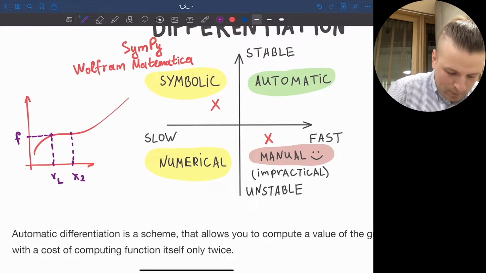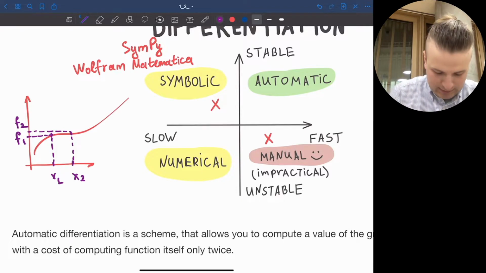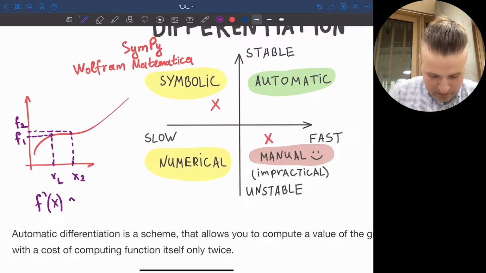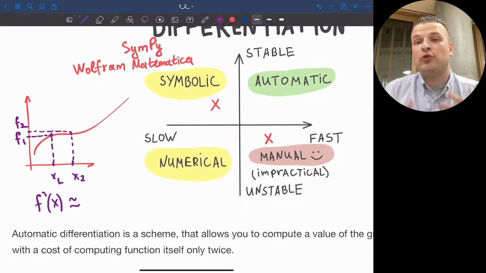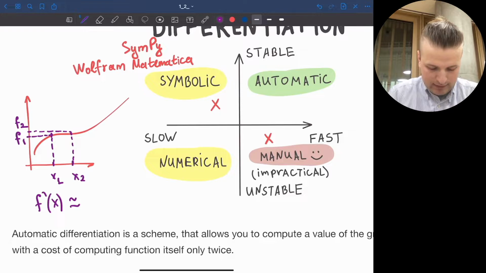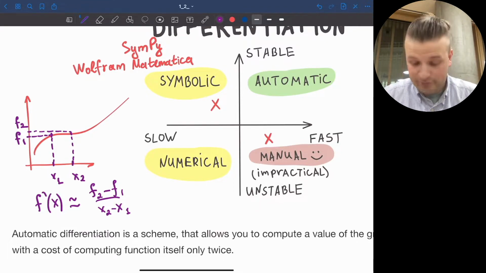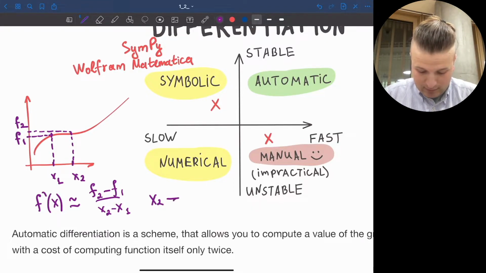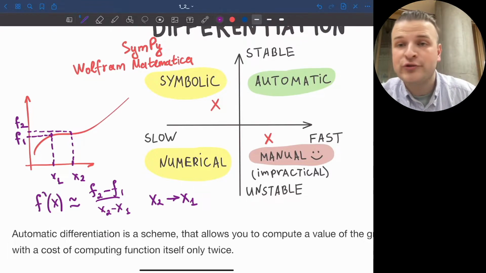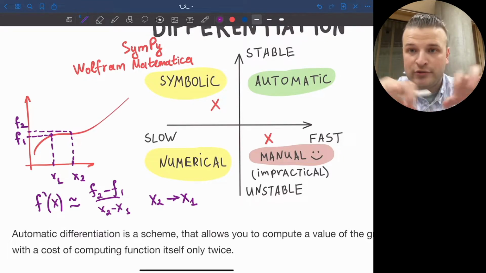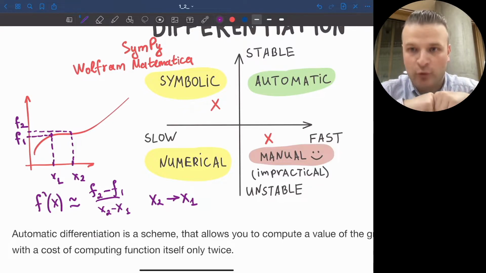And we have 2 function values, which are pretty close in my drawing here, but it doesn't matter. And actually, the scalar derivative here is approximately equal to this difference, right? But you have to enforce these points to be as close to each other as possible.